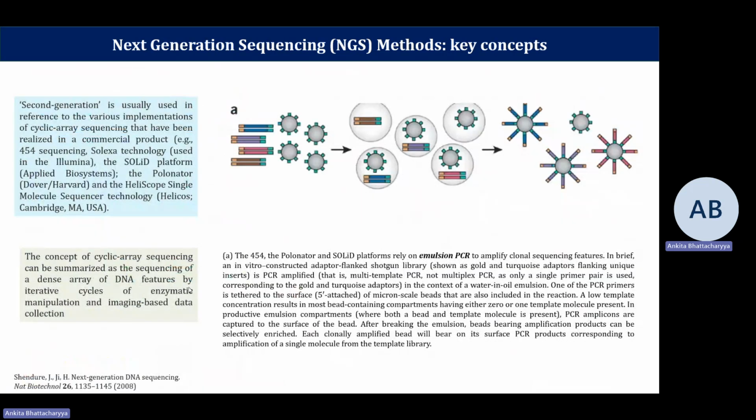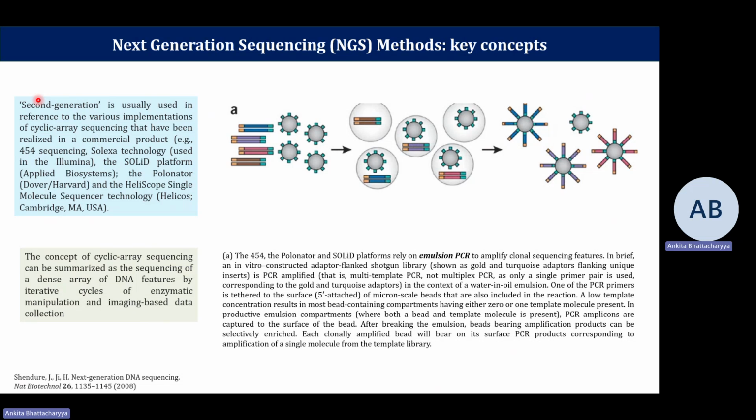Then, the keyword of second generation usually refers to the various implementations of cyclic array sequencing that have been realized in a commercial product. For example, there can be Solexa technology, which is used by Illumina, or otherwise 454 sequencing by Roche, the Polonator, Helicos single molecule sequencer technology, etc. Now, what do we exactly mean by this terminology, which is cyclic array sequencing?